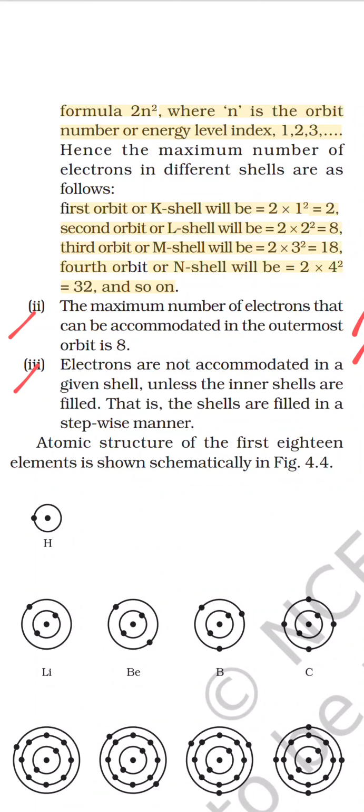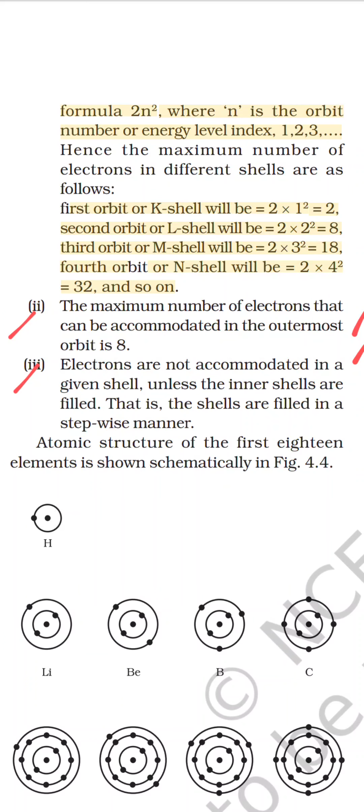First orbit or K shell will be 2 into 1 square equal to 2. Second orbit or L shell will be 2 into 2 square equal to 8. Third orbit or M shell will be 2 into 3 square equal to 18, and fourth orbit or N shell will be 2 into 4 square equal to 32, and so on.